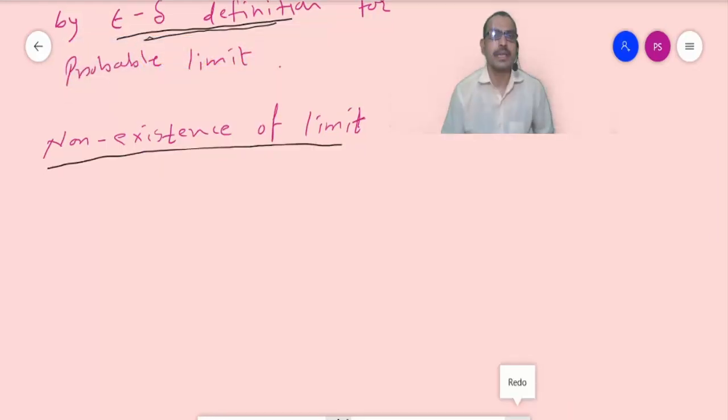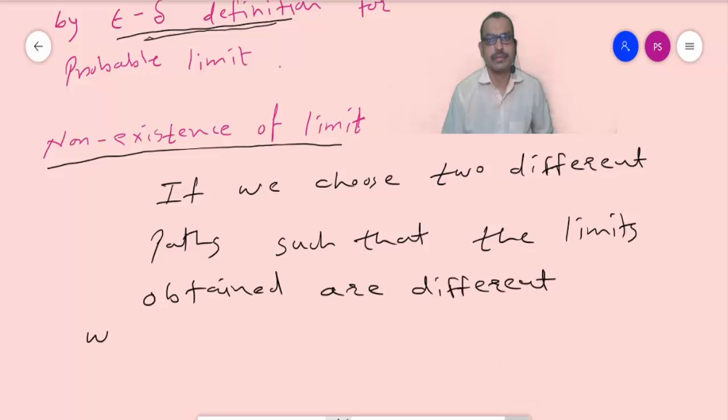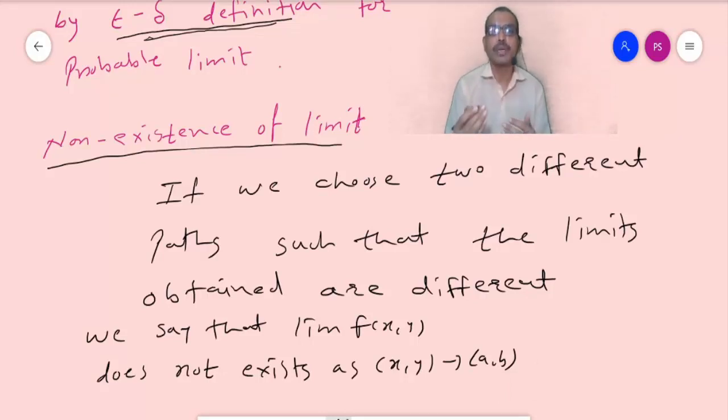In the non-existence of the limit, if we choose two different paths such that the limits obtained are different, we say that the limit of the function does not exist as (x, y) approaches (a, b).